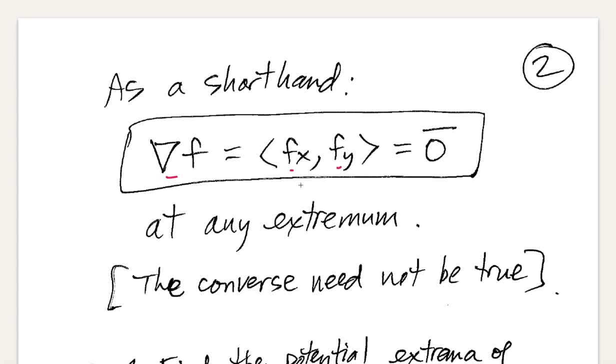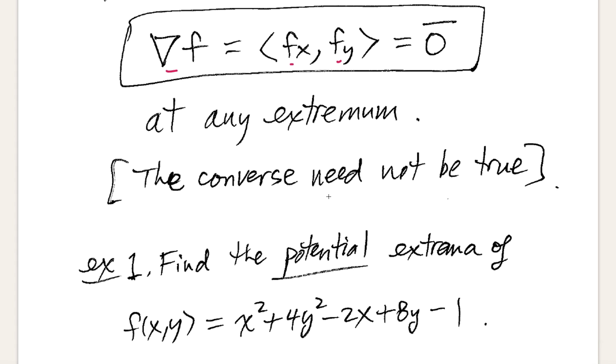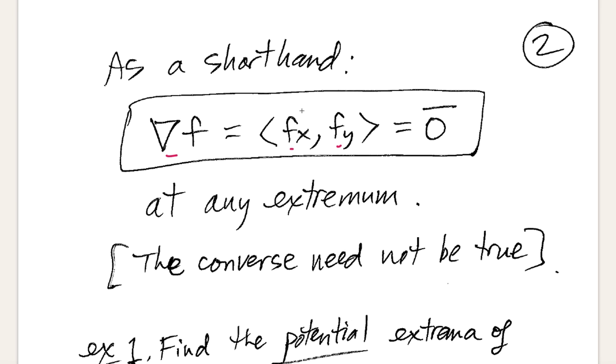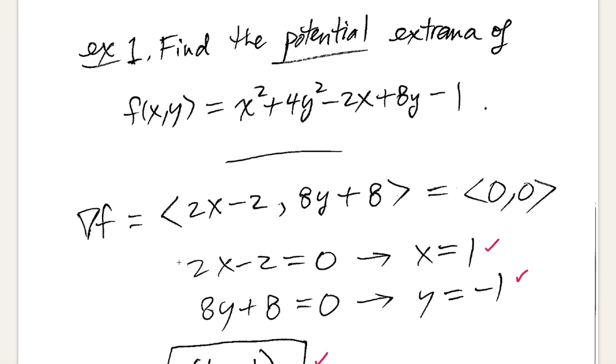When you're in this situation here, now this was a fairly easy function of x and y. But if the function of x and y is a little bit more gnarly, you could imagine that these functions, f sub x and f sub y, are functions of both x and y, and you're setting that equal to 0, so the equations that you end up with are going to be a lot worse than this system of equations here.